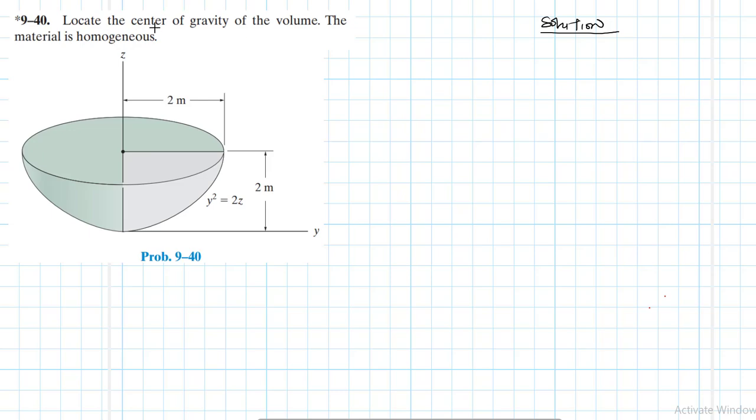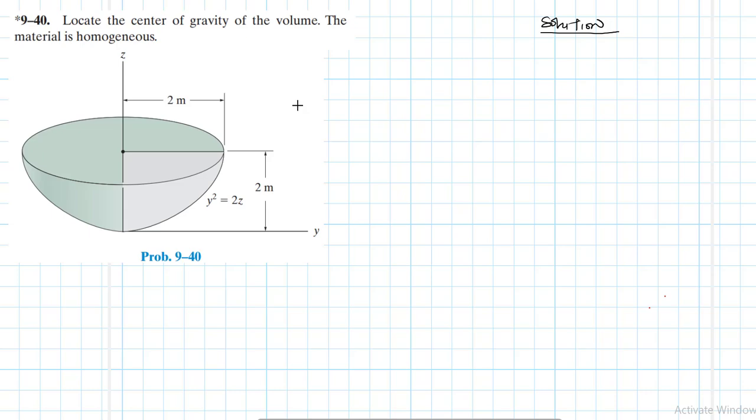Here they're asking us to find the center of gravity, and they are telling us the material is homogeneous. We want to find the point where all the weight for this particular body will be concentrated, which is the center of gravity.